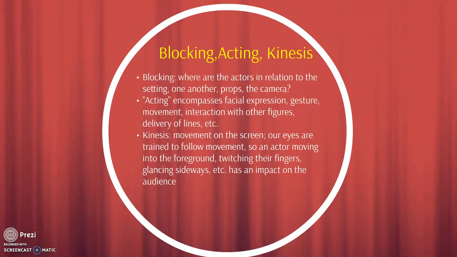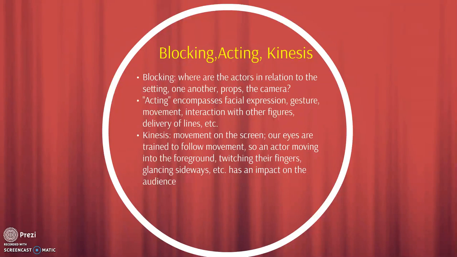We want to follow the movement of something because it could potentially be a predator. So if an actor on screen moves into the foreground or into the background, they twitch their fingers, they glance sideways, they do any number of small physical movements, that has an impact on the audience. It's something that we notice and we take stock of.